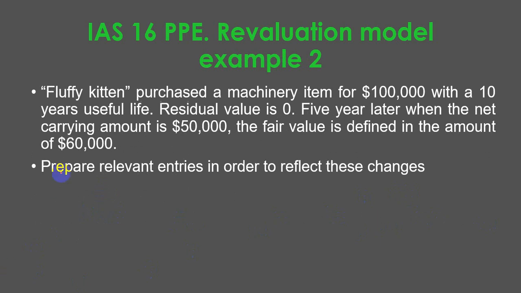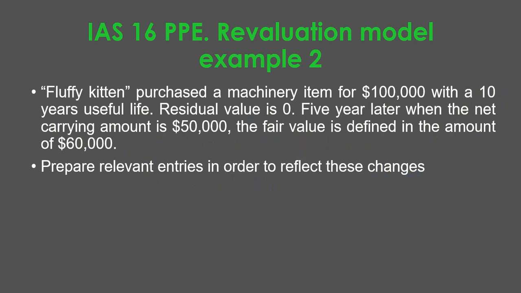So let's look at another example. Fluffy Kitten purchased a machinery item for $100,000 with a 10 years useful life. Residual value is 0. 5 years later, when the net carrying amount is 50,000, the fair value is defined in the amount of 60,000. We need to prepare relevant entries in order to reflect these changes.